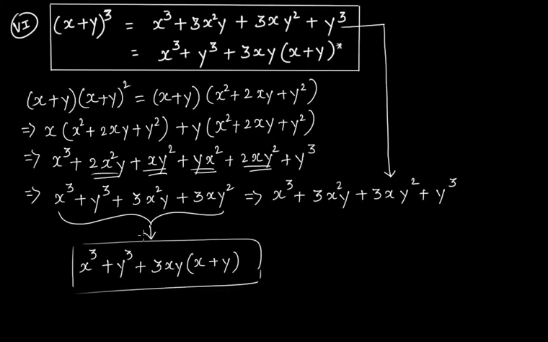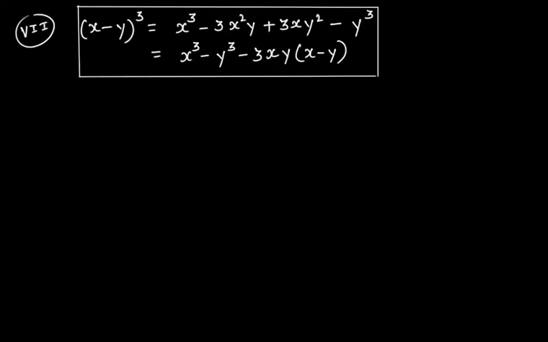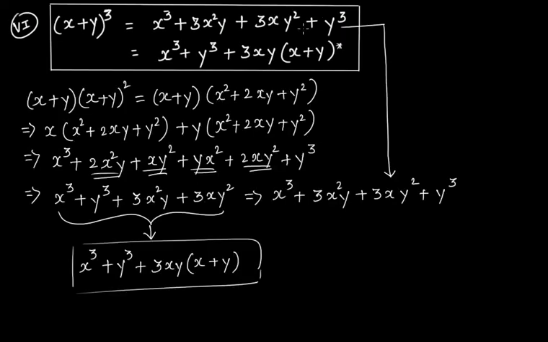So here it was all plus, but when it is x minus y whole cubed, so x cubed minus 3x squared y, but only this term will be plus 3xy squared minus y cubed. But when you write it in this form, it's x cubed minus y cubed minus 3xy multiplied by x minus y. And its proof will be quite similar to this one.